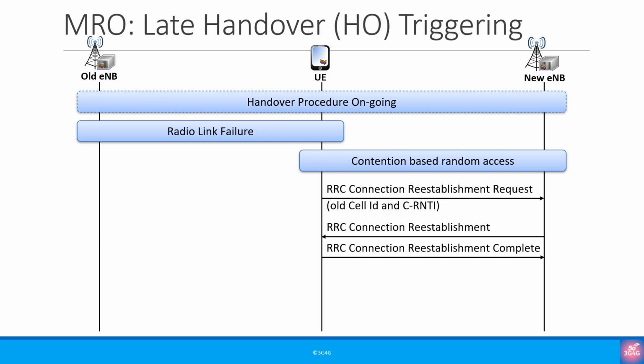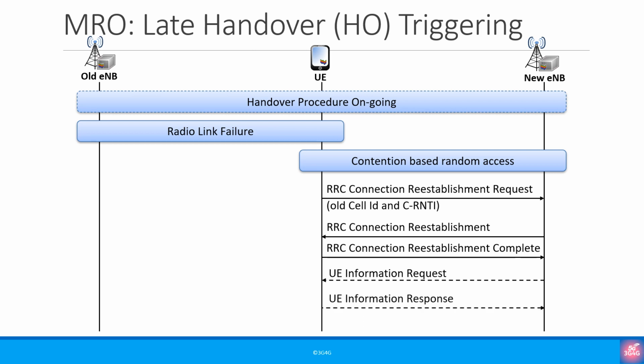In the meantime, there is no point looking at the old logs or information. Now, in case the network was interested, it can send the UE information request message asking for the RLF report. The UE would send back the UE information response message with the last set of measurements and any other information.